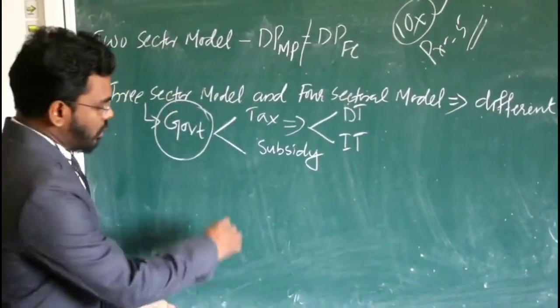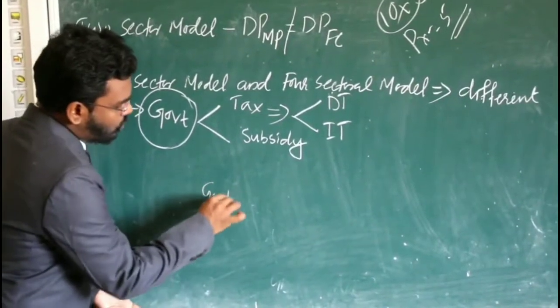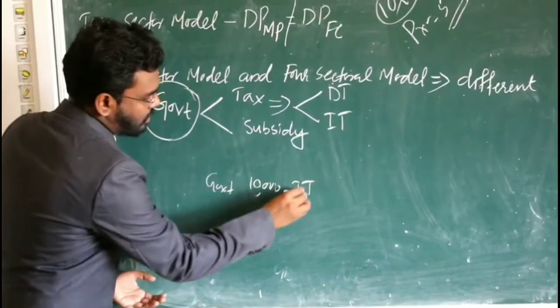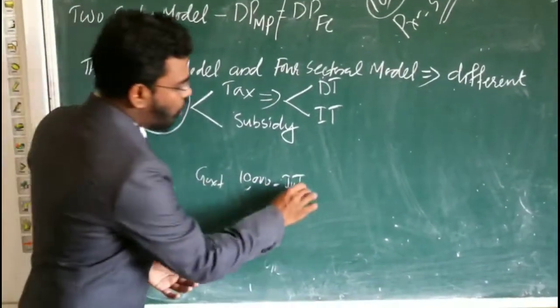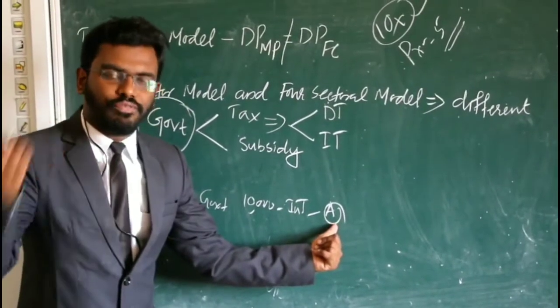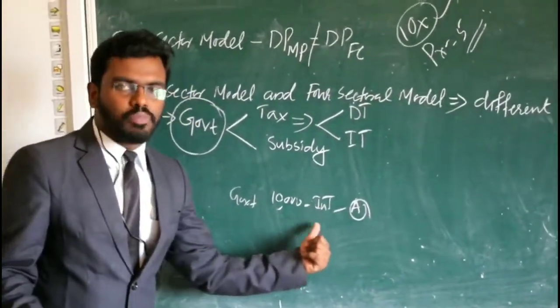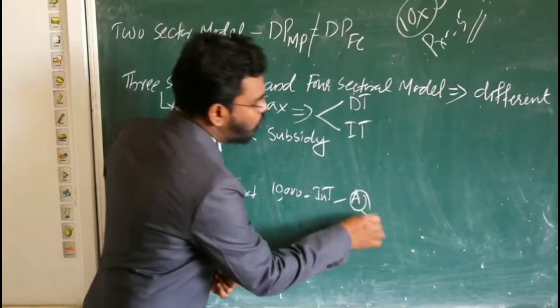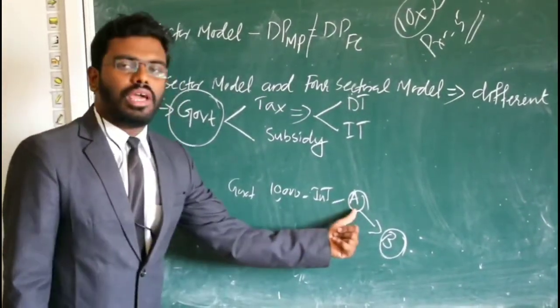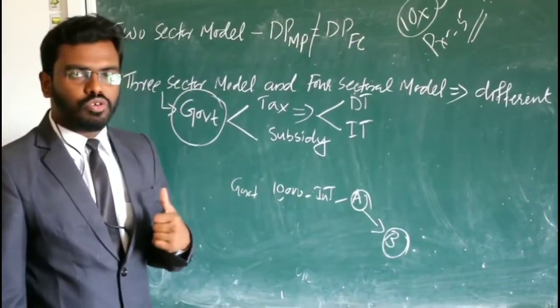For example, suppose government imposed 10,000 rupees as income tax on individual A. So this individual A cannot shift this 10,000 rupees tax burden to other person. That means he cannot shift to individual B. Individual A needs to pay this 10,000 rupees.